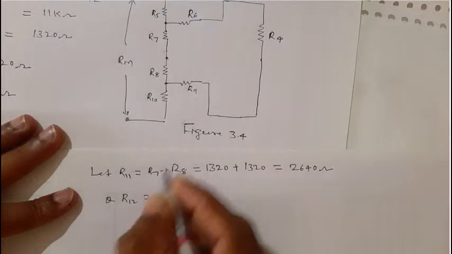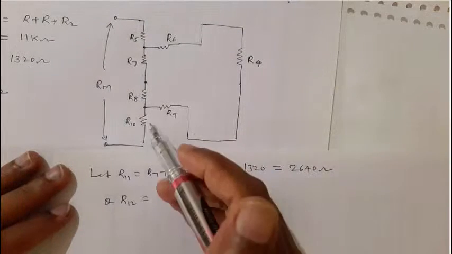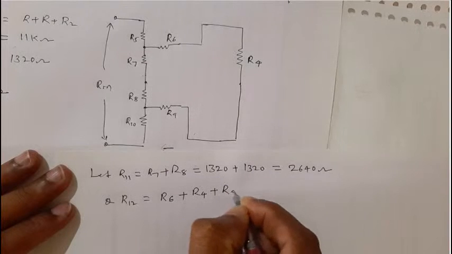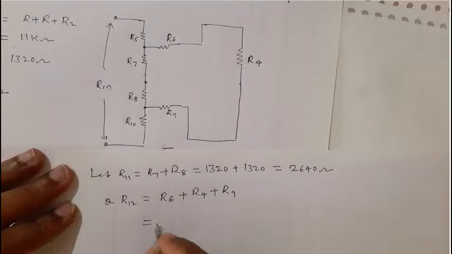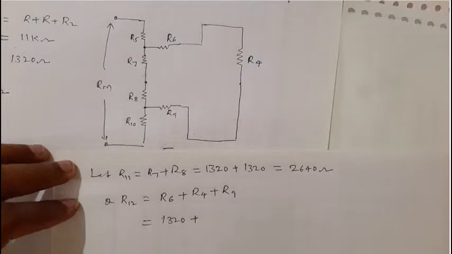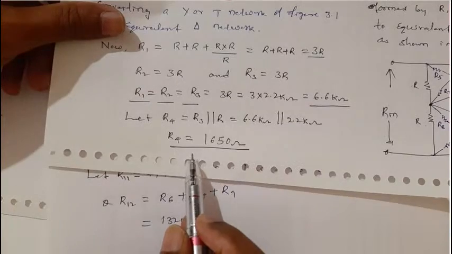R12 is, here R6, R4 and R9 are all in series: R6 plus R4 plus R9. R6 is 1320 ohm, plus R4. The value of resistor R4, let me see where I wrote it. Yes, the R4 value we have found, dear students, is 1650.